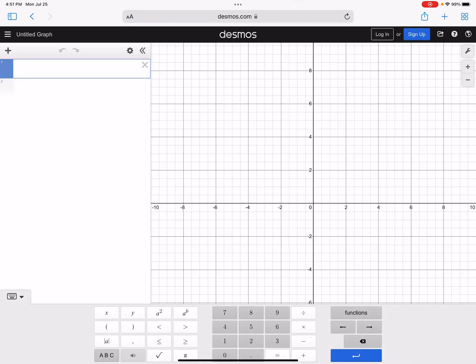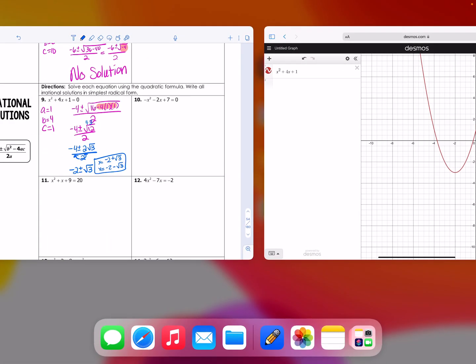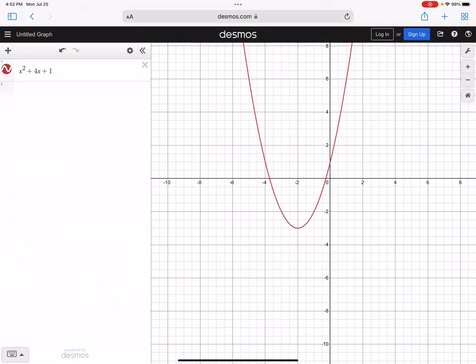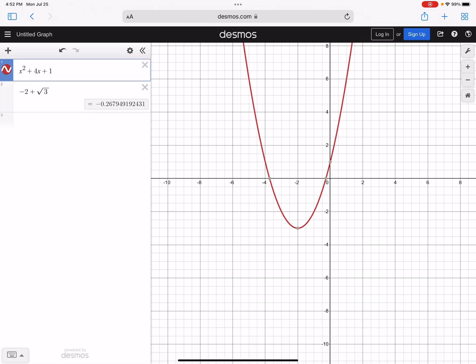Okay, so I'm going to put the original equation in, x squared plus 4x plus 1. So it's hitting, but they're hitting at crazy decimals, right? Negative 2 plus the square root of 3. If I type in negative 2 plus the square root of 3, I get negative 0.2679. And if I go there, isn't that just rounded, negative 0.268?